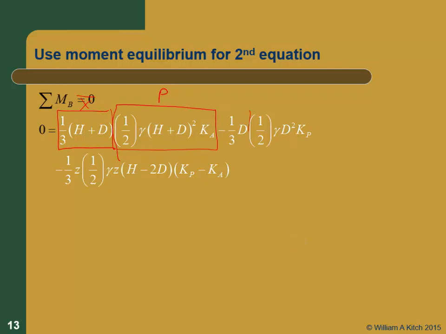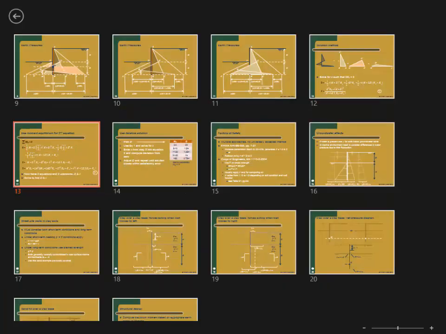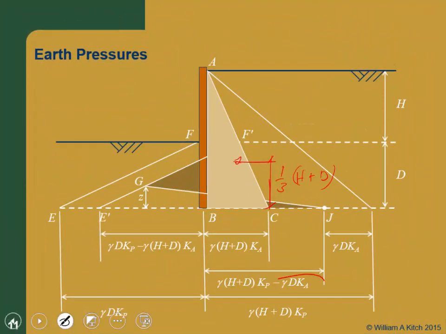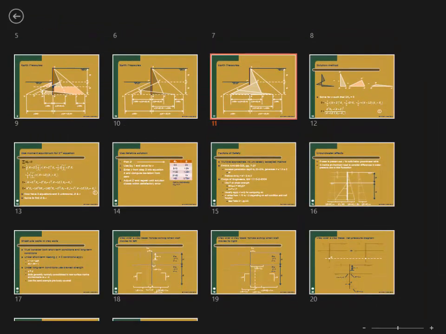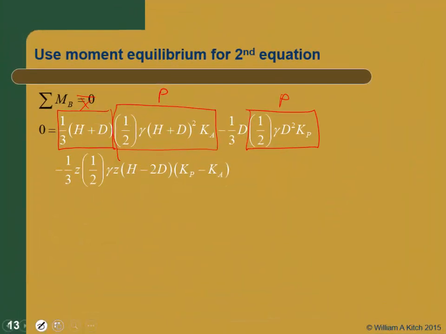Similarly, the second one, this was our total earth pressure. The height of the second one is D, right? So that one acts at D over 3. All right, there's X bar.